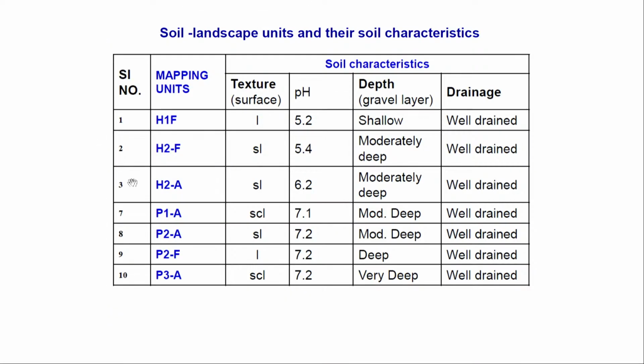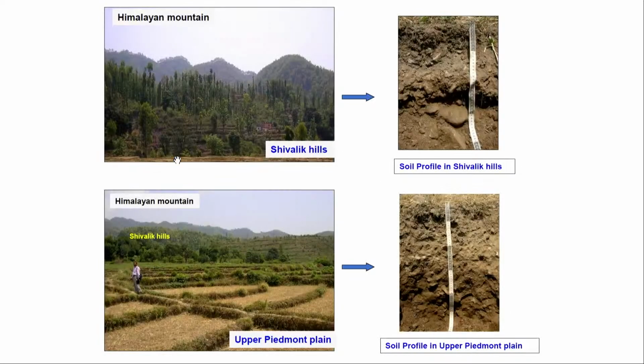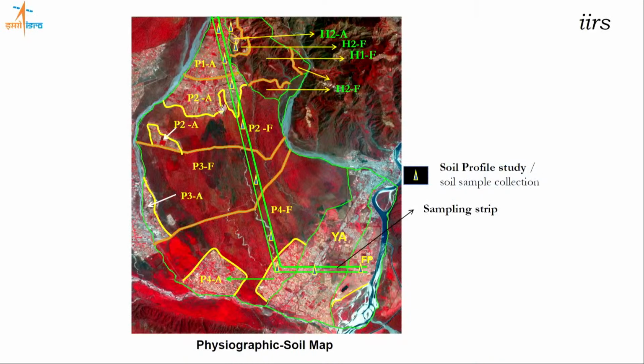Then we make a table of map units, and we characterize the texture in each map unit, drainage, depth, texture, and soil chemical analysis, suppose pH. So you are knowing which is H1F, H2F, what you have interpreted here, H1F, H2F, H1F, H2F, and H1F, H2F, or H2A.